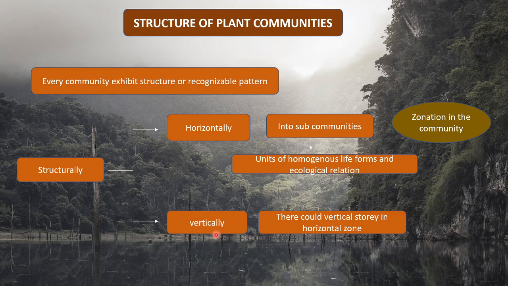That we can call vertical structure, which we also term as stratification. In very simple terms, we can say it is the length of the plant community that we are talking about, and horizontally it is the sub communities that we are observing, right? So this forms zonation, and this shows the stratification, right?